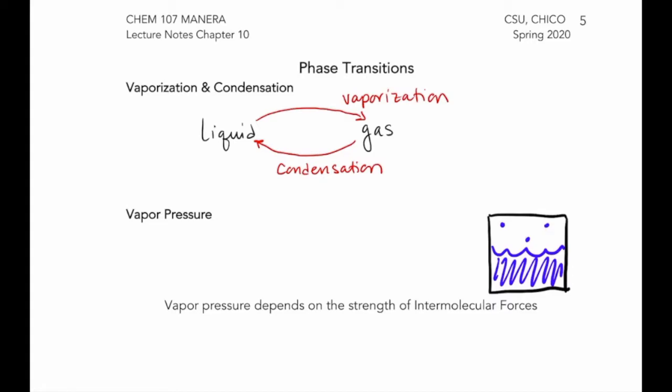We call that vapor, water vapor. So vapor is the portion of the substance in the gas phase. It's going to exist above the liquid phase of that same substance.